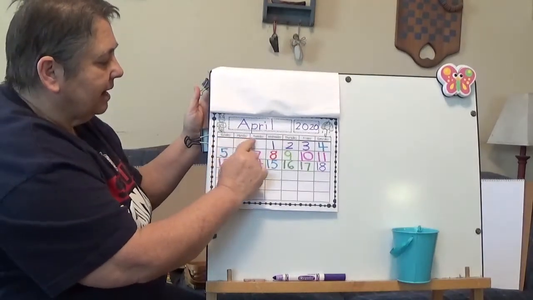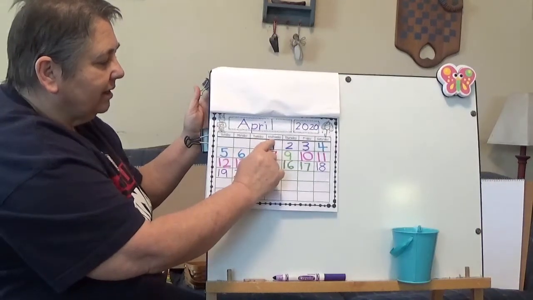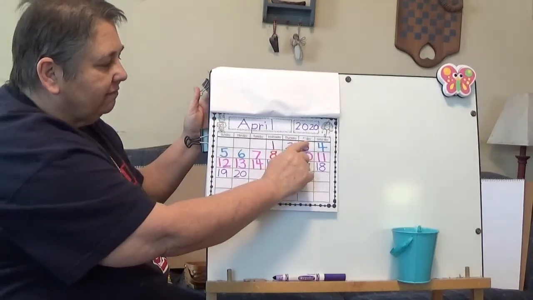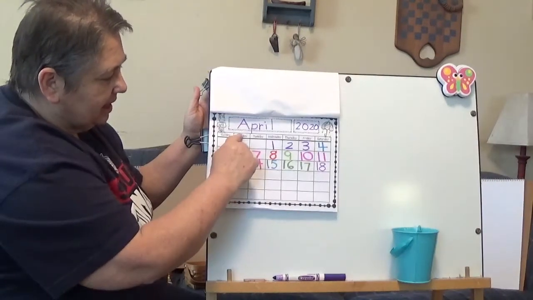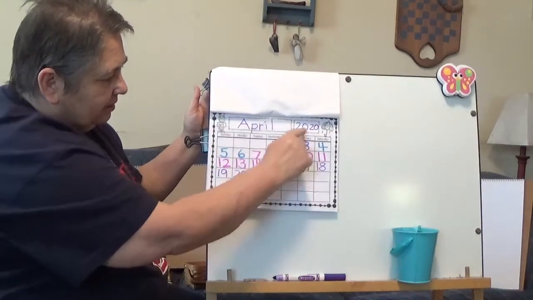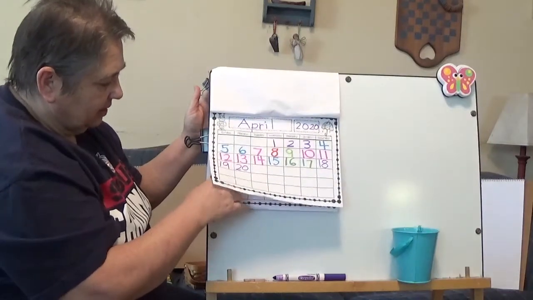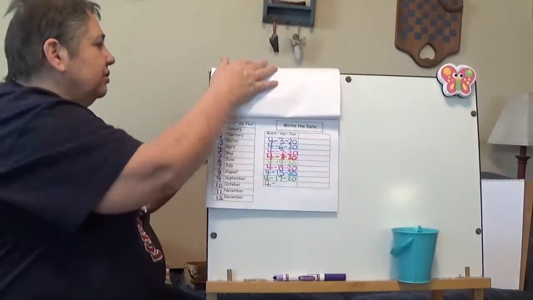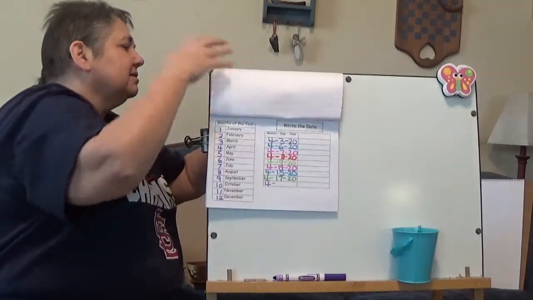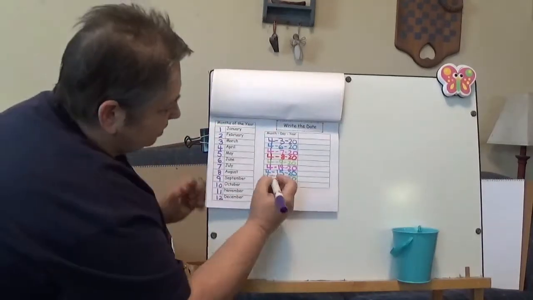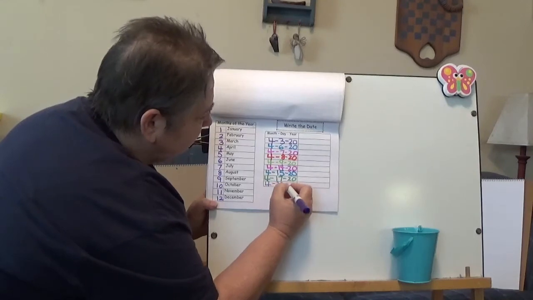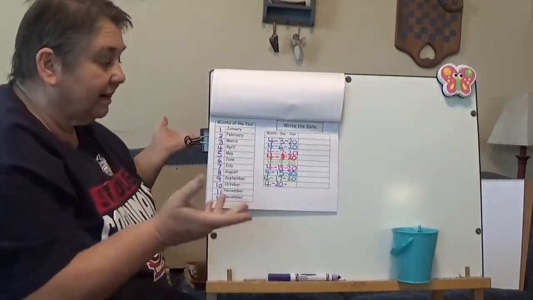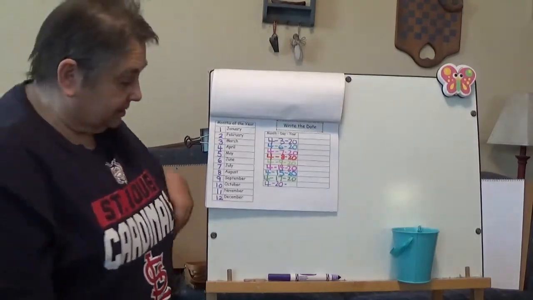Sunday, Monday, Tuesday, Wednesday, Thursday, Friday, Saturday. So today is Monday, April 20th, 2020. So it is the 20th. So I'll put a 2 and a 0. Good. Then I'll put my dash because I don't want my day and my year to get mixed up.